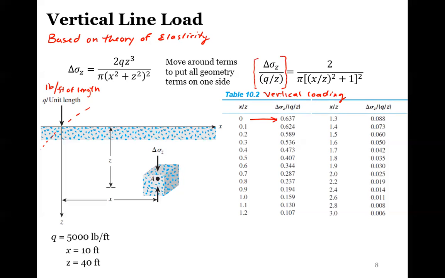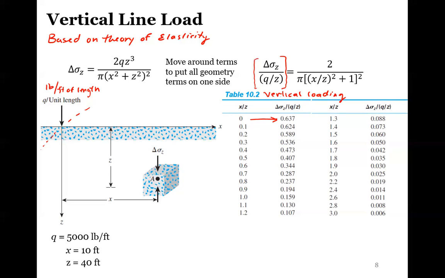Let's look at this example here. Let's say we have a Q, a lowercase q, which is a force per unit length, 5,000 pounds per foot. You could picture this as a line of telephone poles or a fence line that's going out of the screen. And we care about some utility line that is 10 feet horizontally and then 40 feet down away from that object.